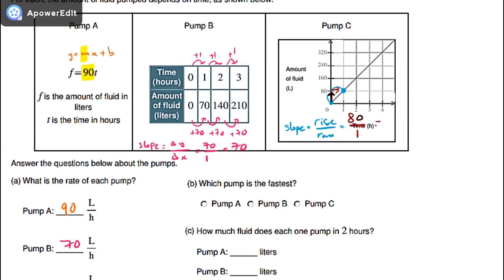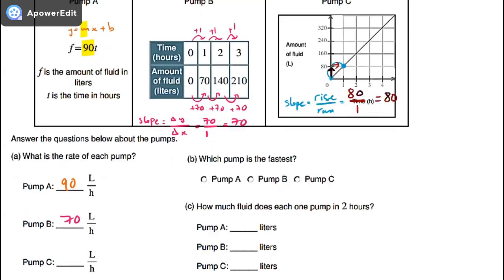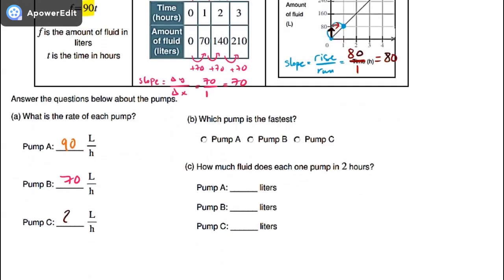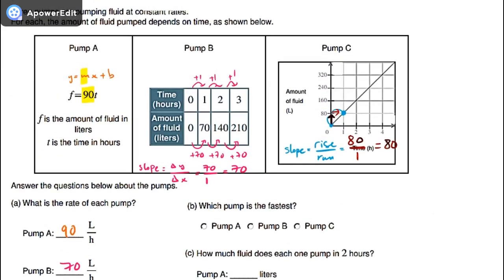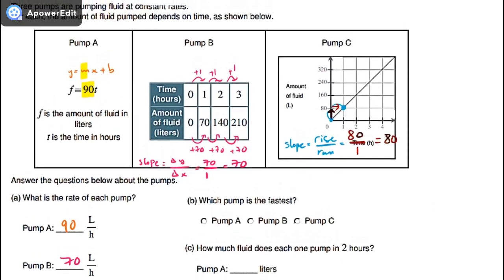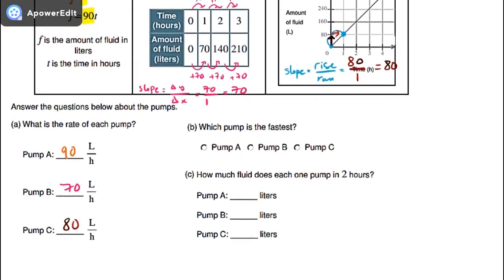That will be 80 over 1, which is 80. Okay, so pump C is a constant rate. They pump fluid at 80 liters per hour. So the fastest one is going to be pump A because it's 90 liters per hour.